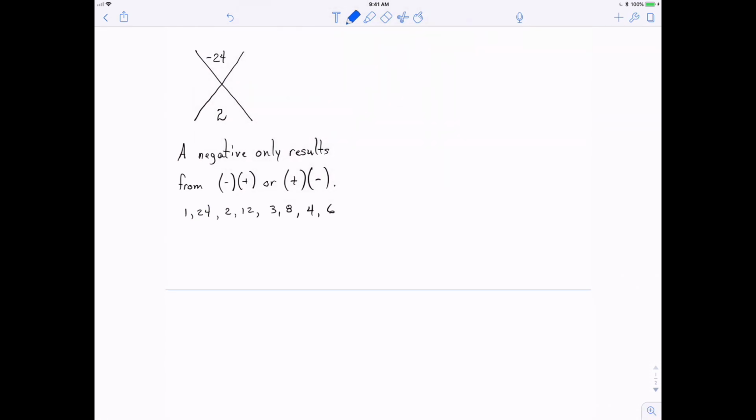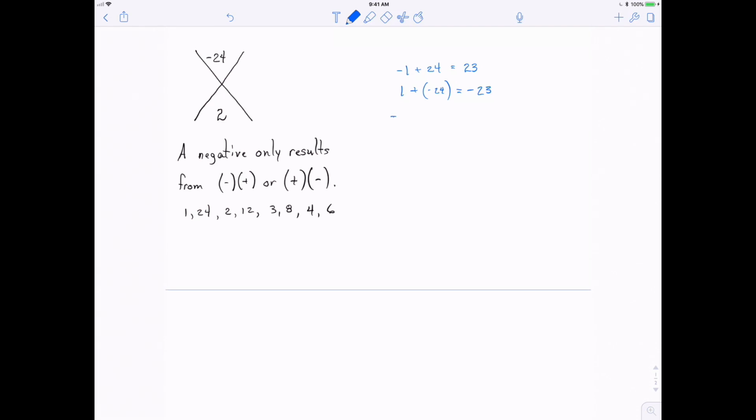For example, if I take a -1 plus a 24, I get a 23. And if I switch the negative sign, all it does is switch the sign on the sum above. So now I have -24 and the result is -23. I could continue this with each one.